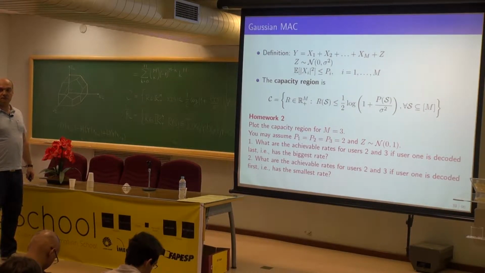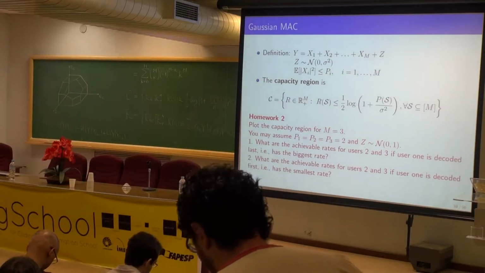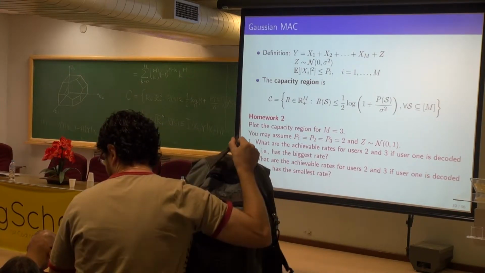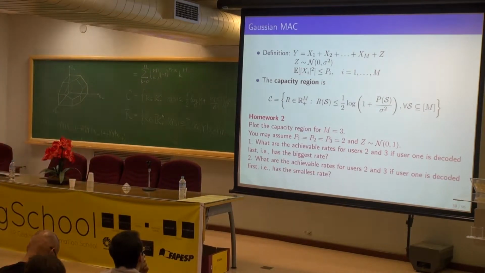That's what you can achieve. How does it show up here? The first question is plot the capacity region. How many quantities do we really need to calculate? We have 7 equations, but here everything is symmetric, so we really have only 2 quantities.